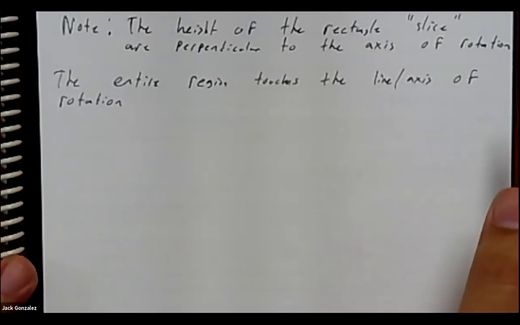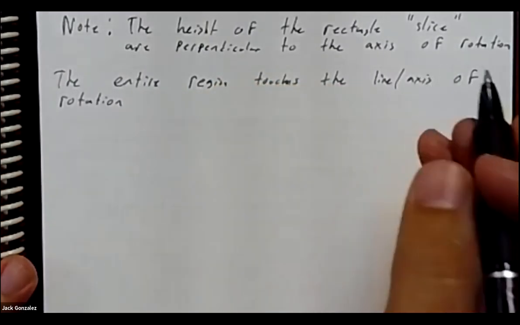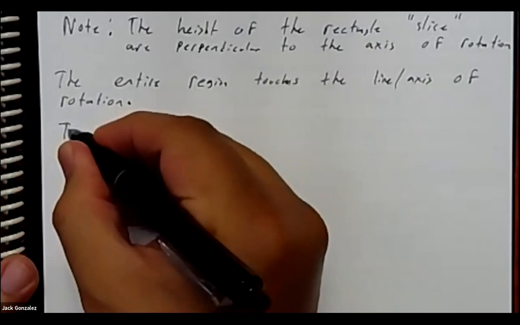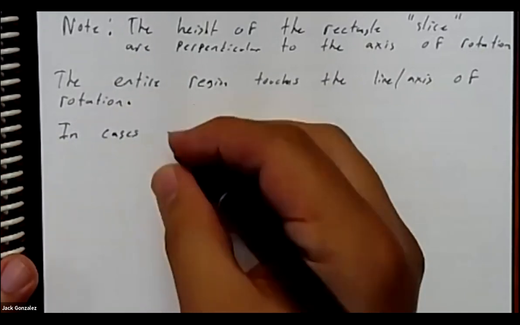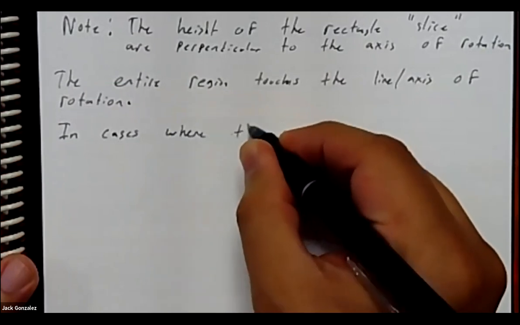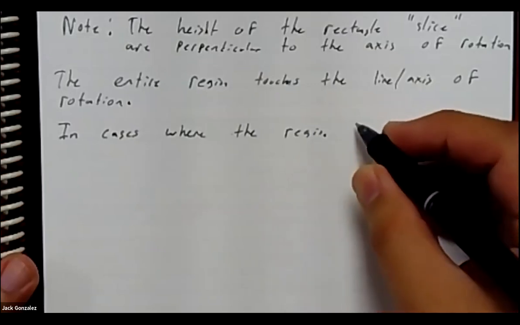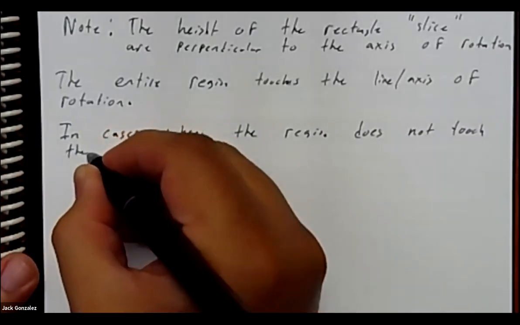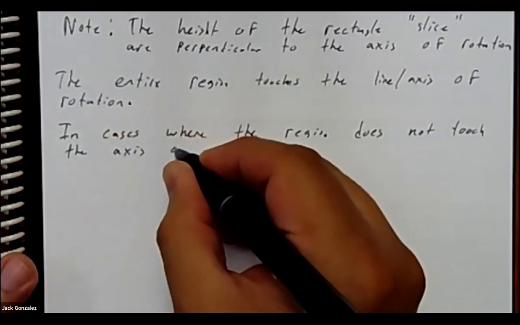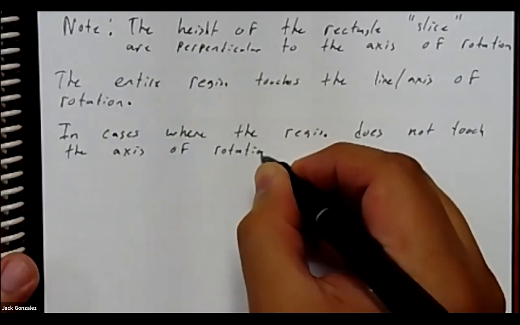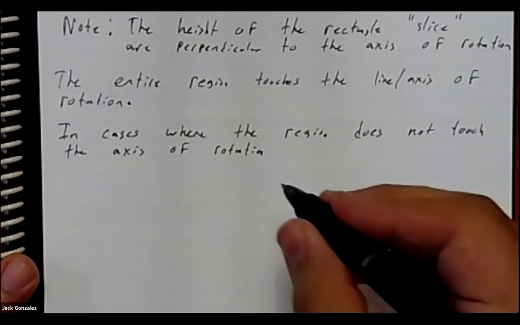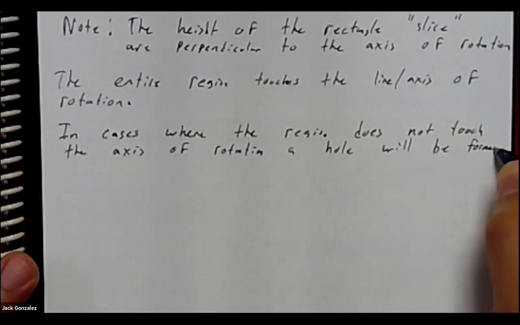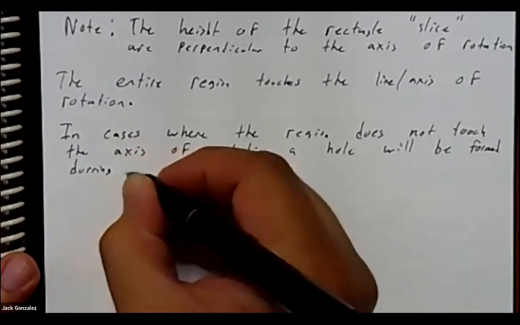And a line or axis of rotation, in cases where the region does not touch the axis of rotation, a hole will be formed during the rotation.